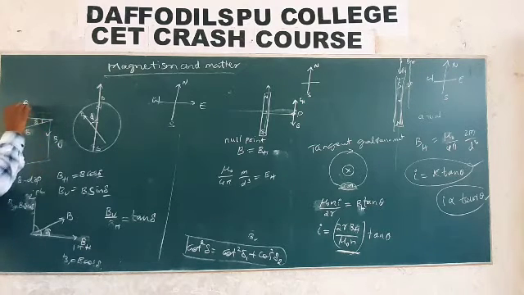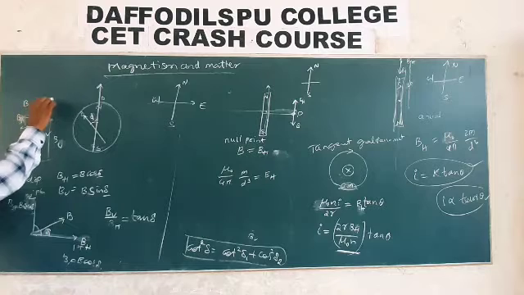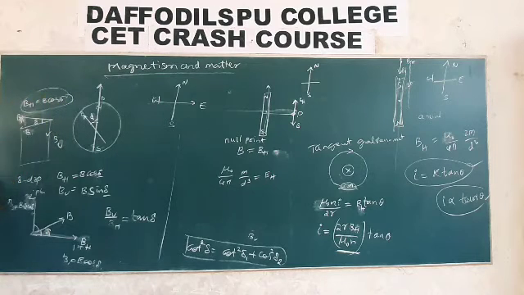BH is equal to B cos delta, which is the component of the magnetic field along the surface of the Earth, called the horizontal component. It means the angle between the true magnetic field and the horizontal is called the angle of dip. So let us discuss some examples based on this.